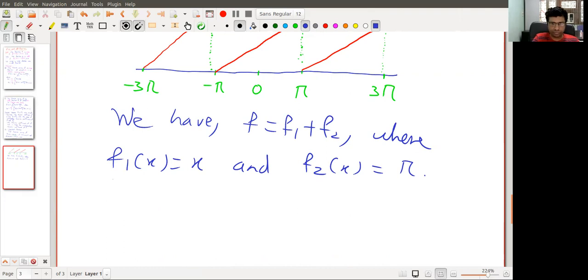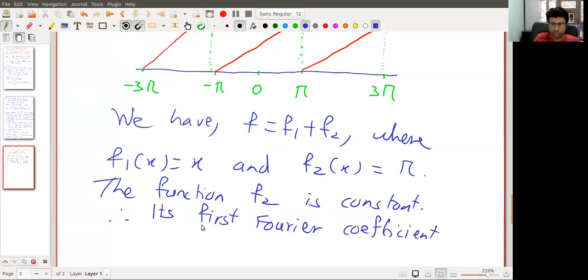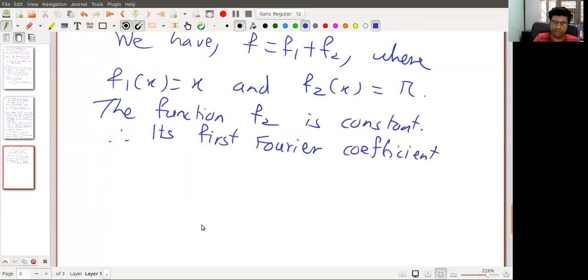The function f2 is constant, therefore its first Fourier coefficient is pi, and all others are 0.